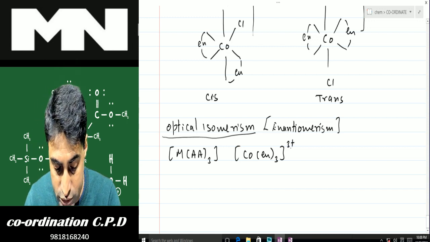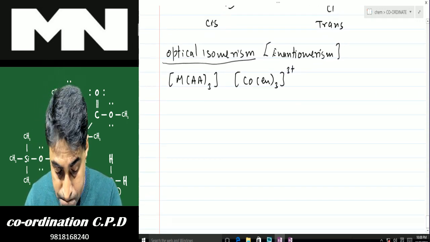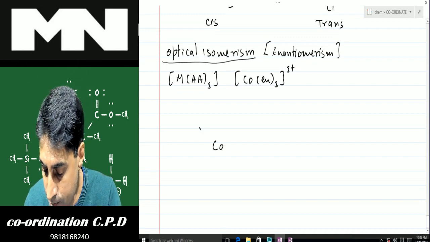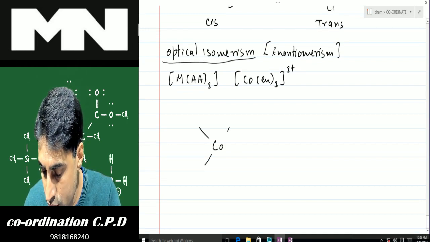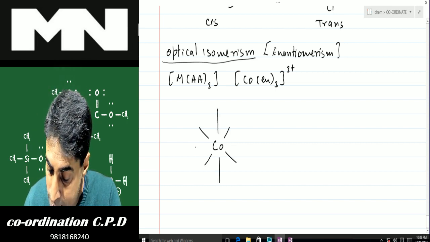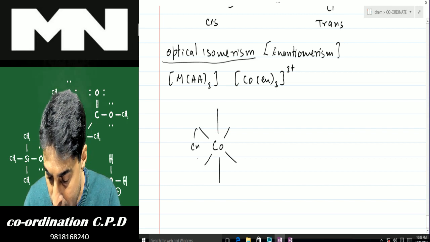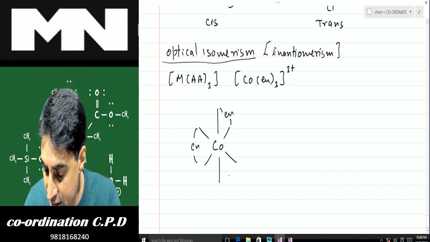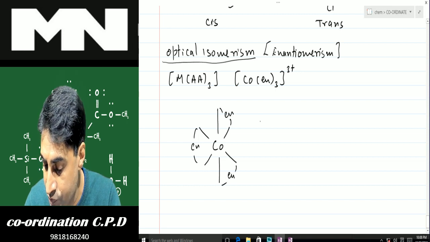Cobalt is in +3 oxidation state. So suppose here I've got cobalt 1, 2, 3, 4, 5 and 1, 6. Here I have ethylene diamine, and here again ethylene diamine, 3 positive.